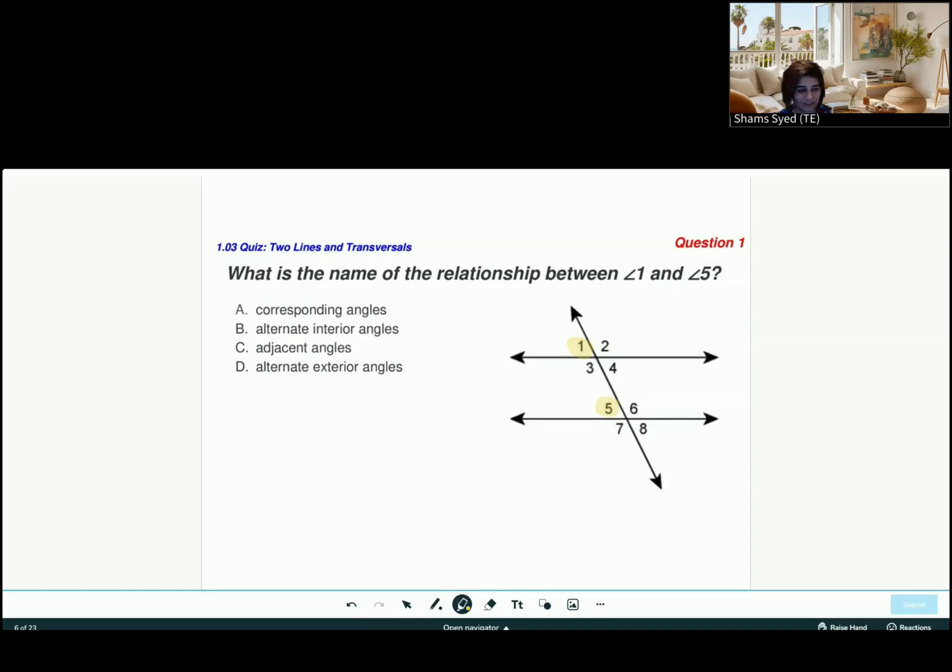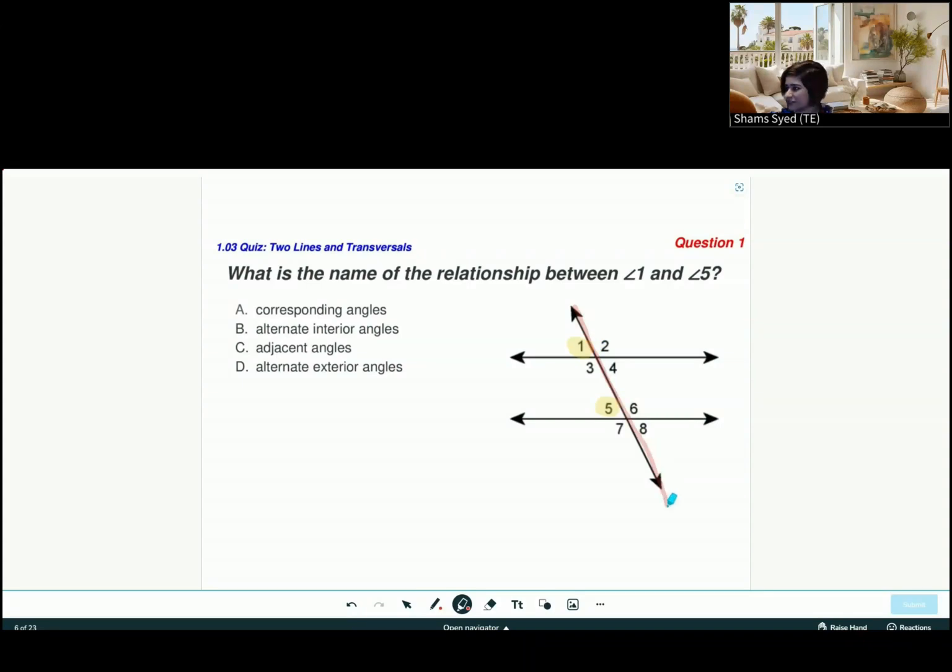I agree with Kayla and Himim. Himim, I agree with your first answer. They're on the same side of the transversal. The transversal is this line, right? I'll just shade it. The transversal is this, right? This is the transversal.